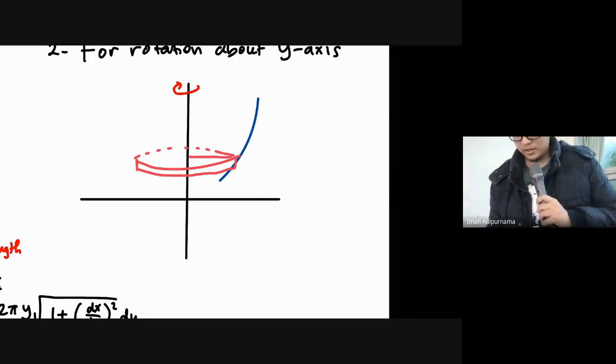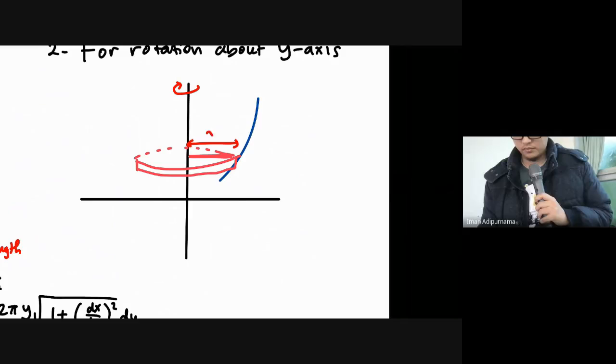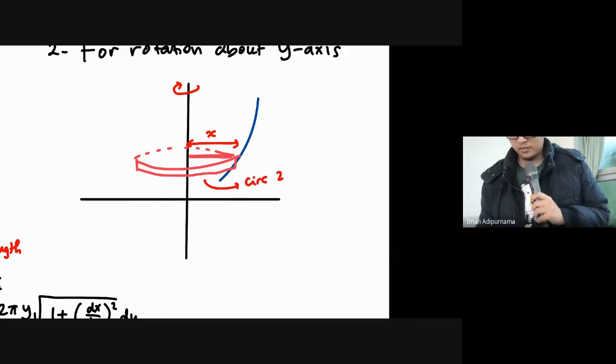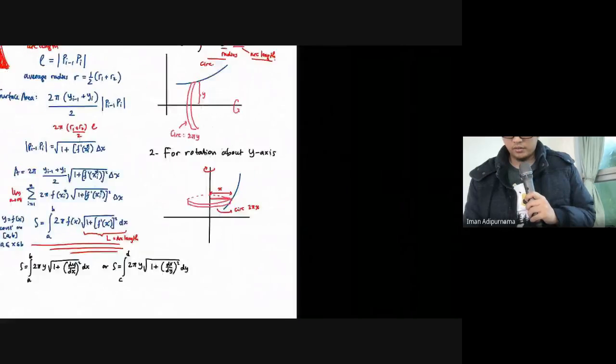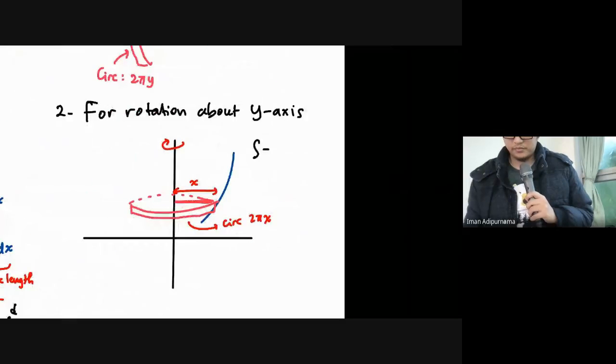So this will be x, the radius will be x, and the circumference is 2 pi x. So I can write this right here.